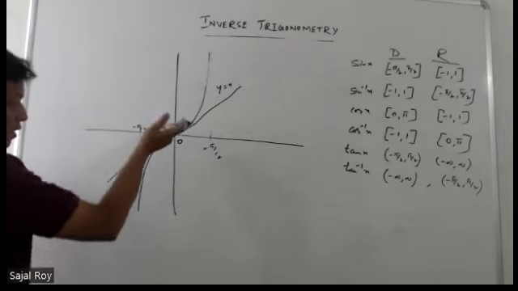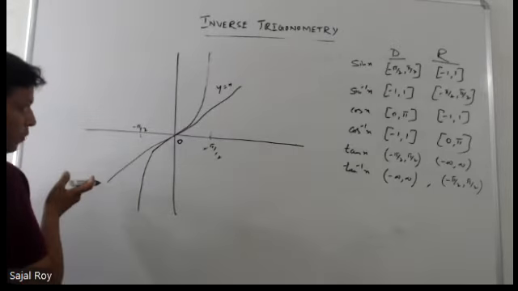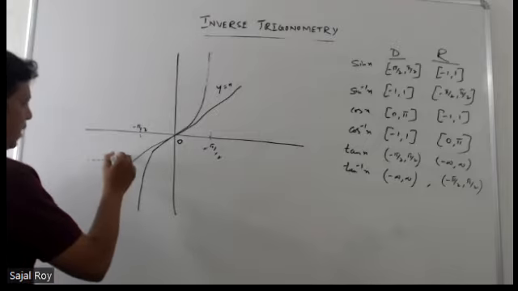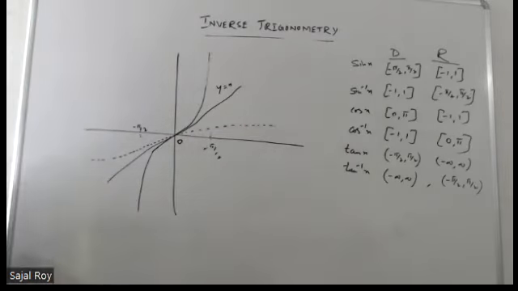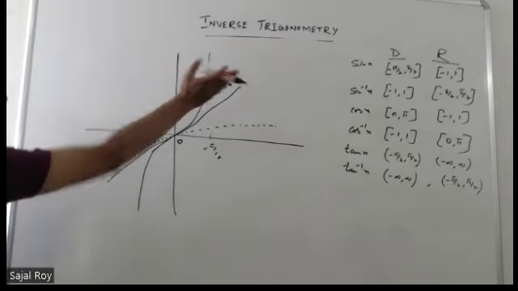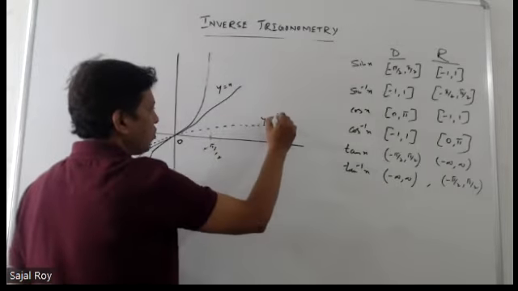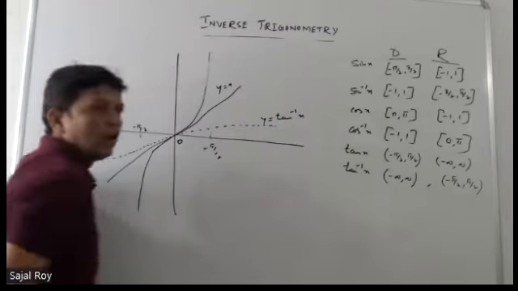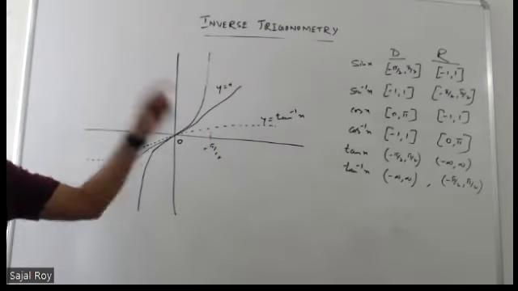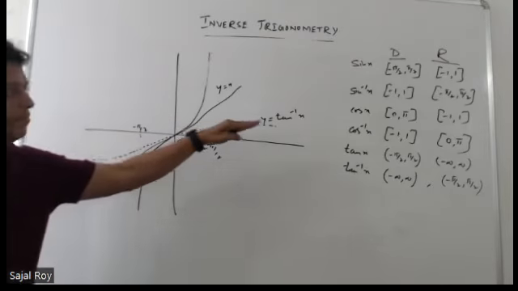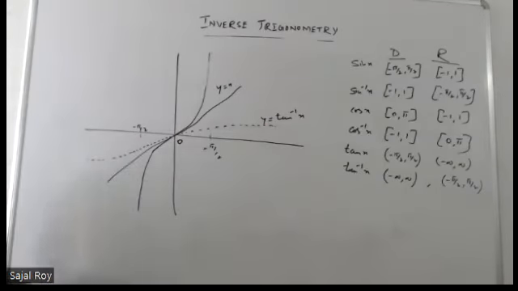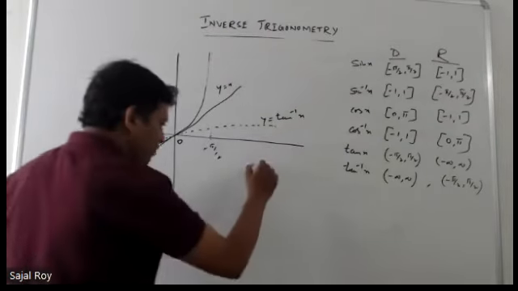It will be the mirror image about y equal to x. So it will be like this. This dotted portion is your y equal to tan inverse x. Tan inverse x is an increasing function. Look at that. Got it?